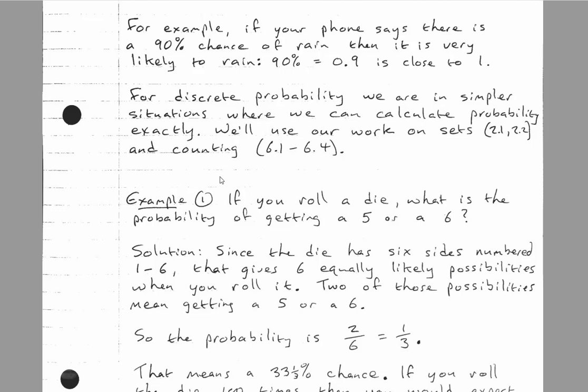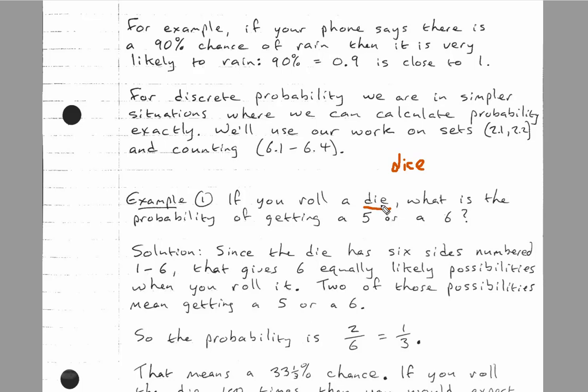Alright, so let's look at a simple example to start with. Rolling a die. A die, yes, that's the singular. The plural is dice. So 2 dice, 1 die.